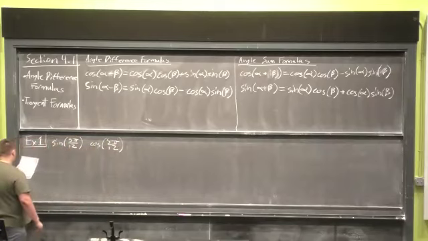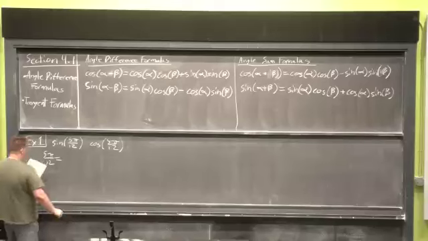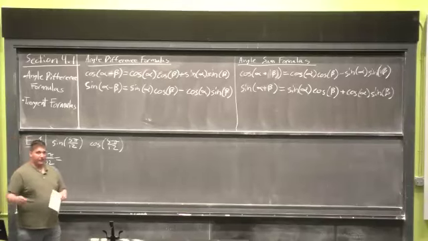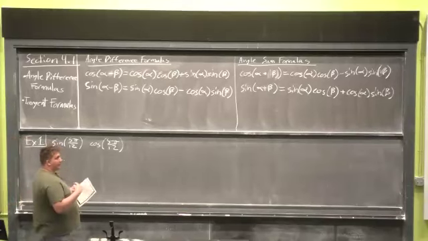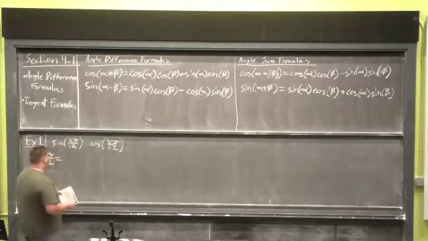So what we can do is go 5 pi over 12. What exact values can we pull out of this that we wish it would be, because we know what cosine and sine of these values would be?